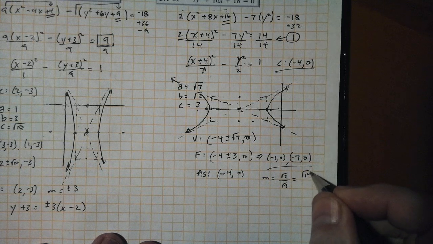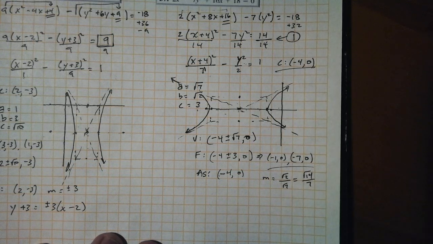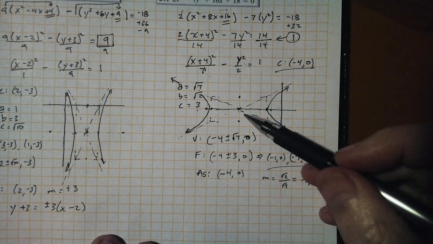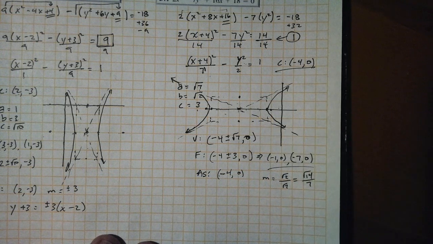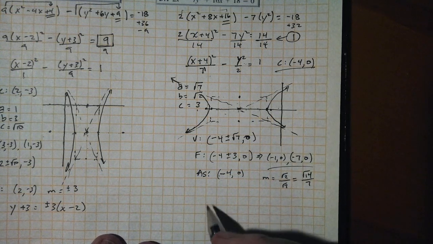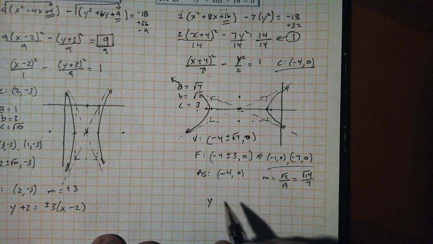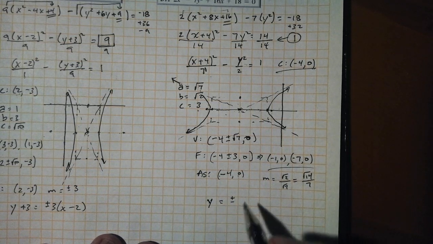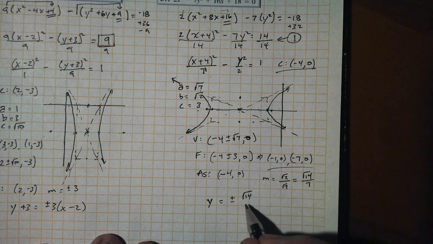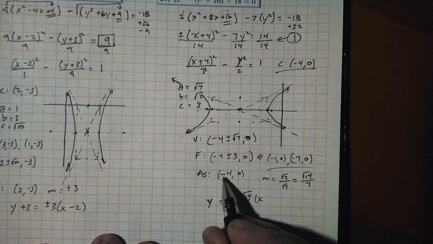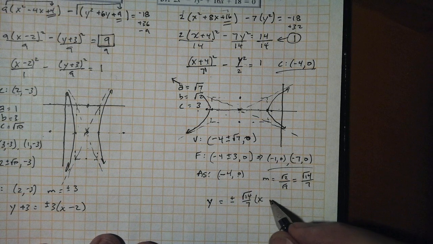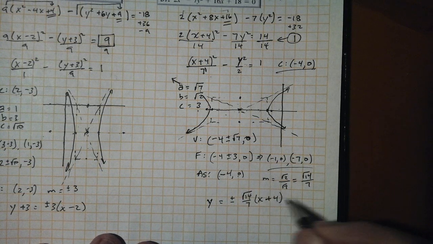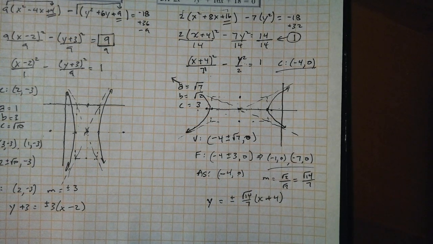That is square root of 14 on 7, and negative square root of 14 on 7. So our equations of our asymptote, y minus 0 equals plus or minus square root 14 on 7 times x minus negative 4, x plus 4. And there you go. That's 9-3, page 3.